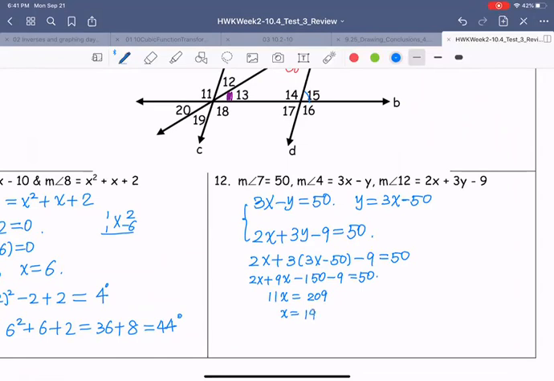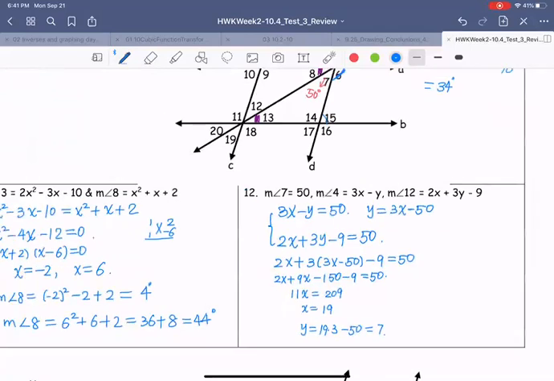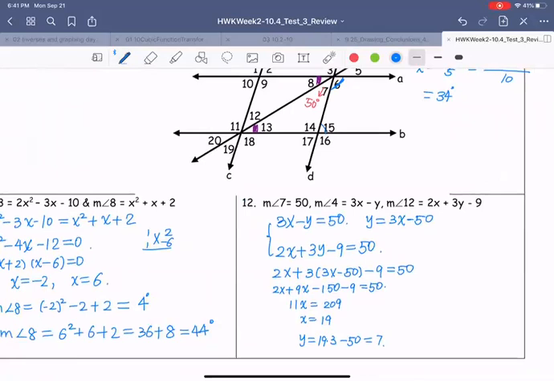You can go ahead and solve your system of equations, okay? Your sister is in which grade?